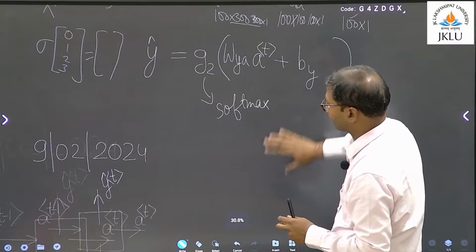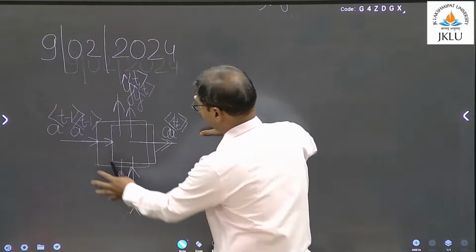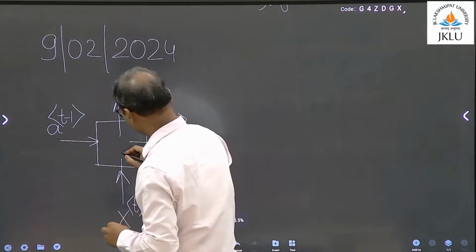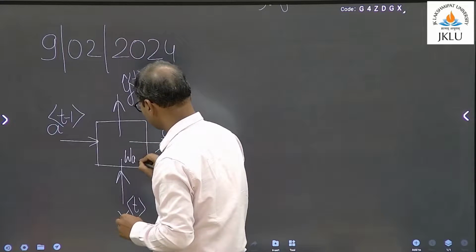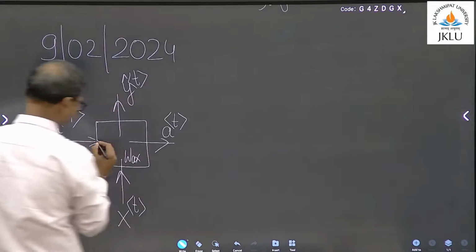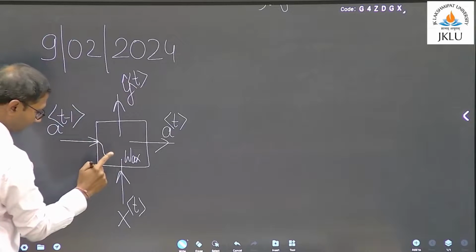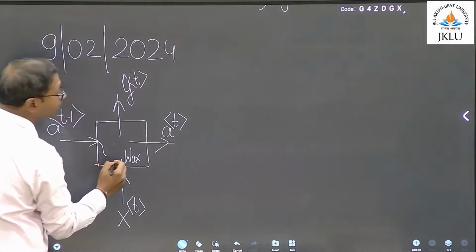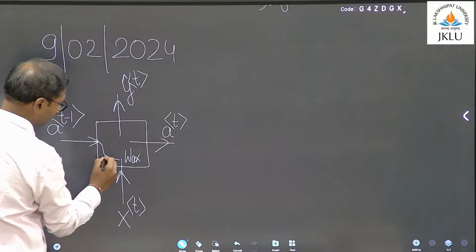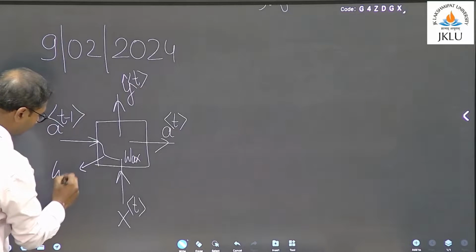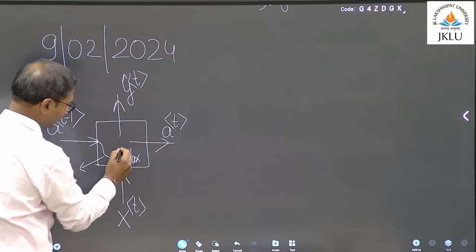So, we see W_AX here, and we see W_AA here, and then we add both these.